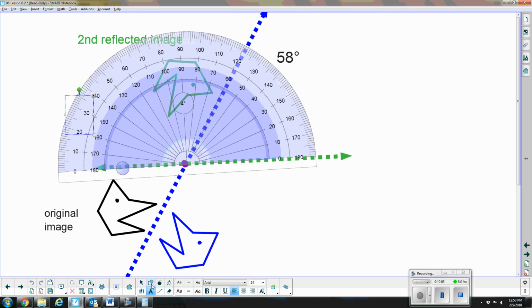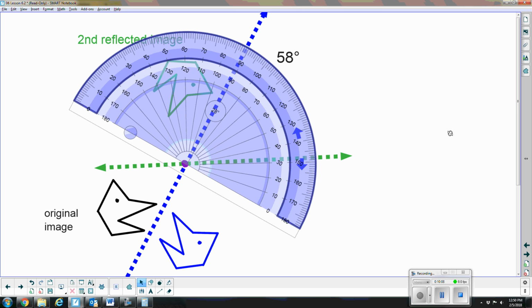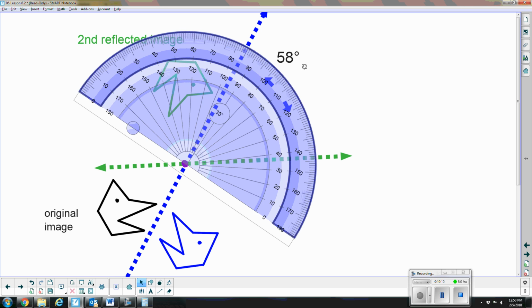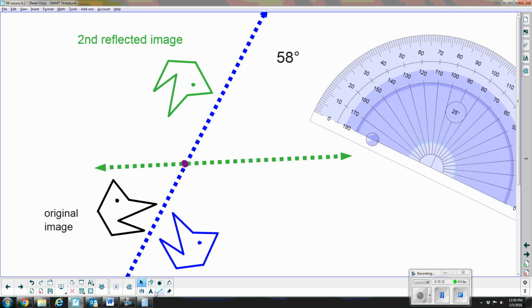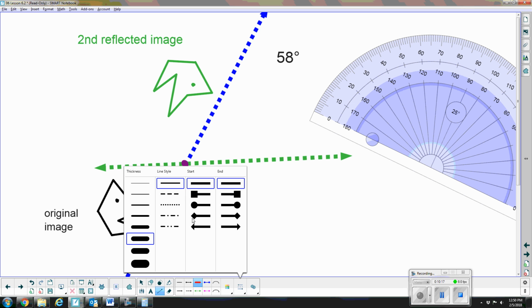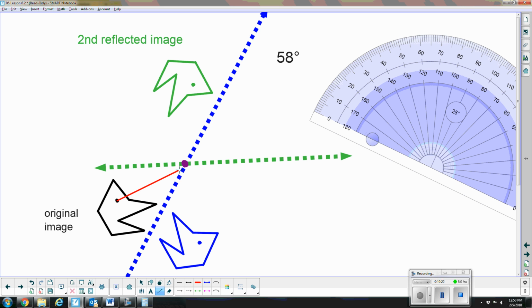Now I'm going to look at a corresponding point between my original image and my second reflected image. With that corresponding point, I'm going to draw two segments.